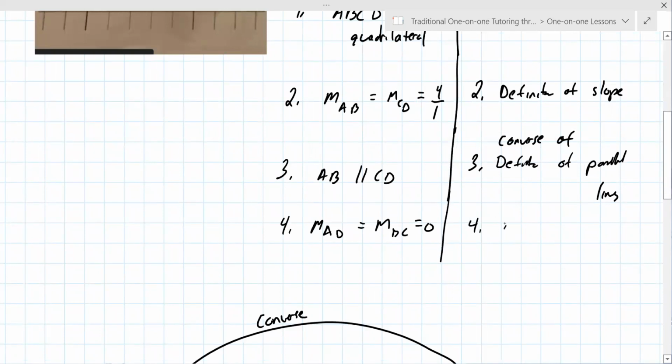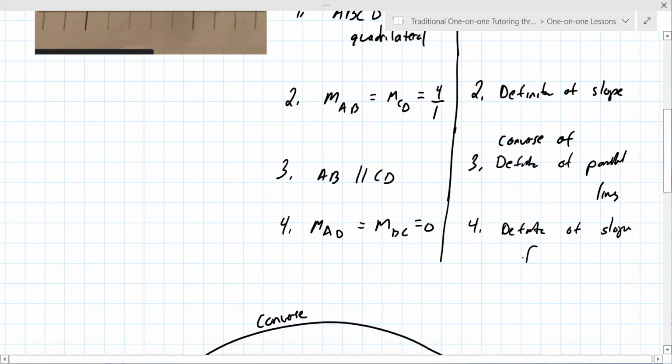And that's the definition of slope, or using the slope formula. Okay, and then 5 is just like 3. It's that AD is parallel to DC. But again, it's because of the converse of the definition of parallel lines.